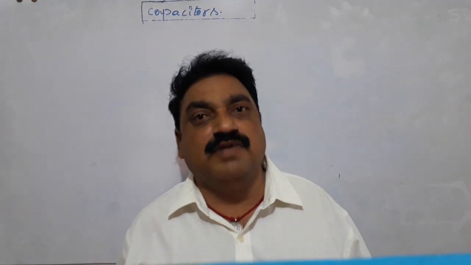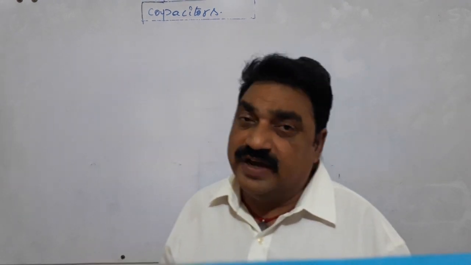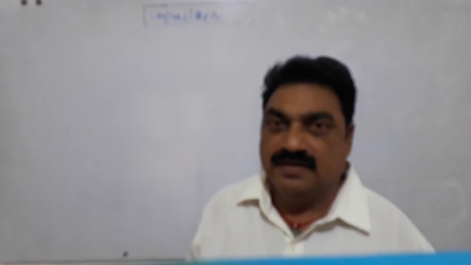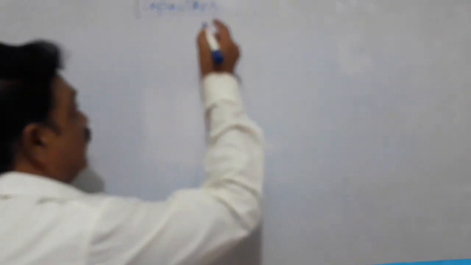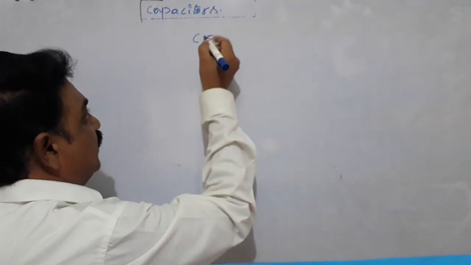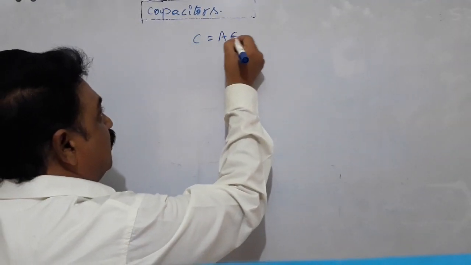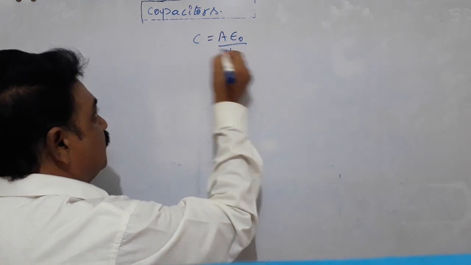So far we have discussed different types of capacitors and relevant formulae for the capacity. We have already discussed the parallel plate capacitor, and the formula for its capacity is given by A epsilon naught by d.